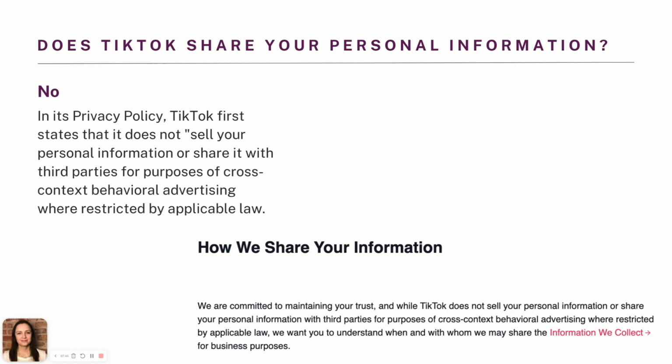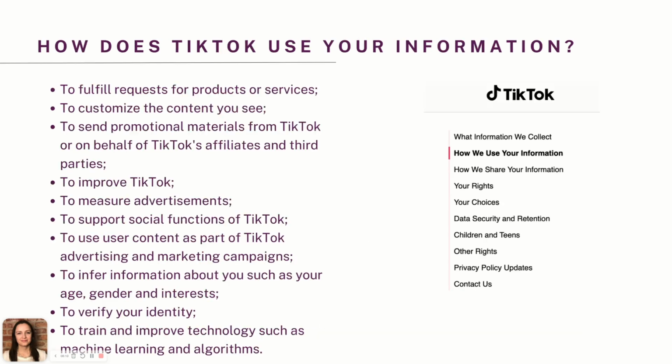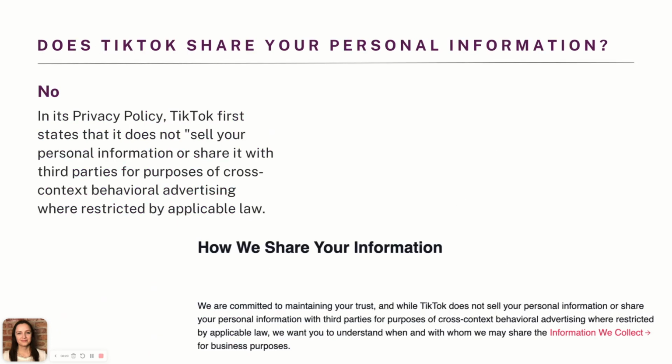At the top of this section of the privacy policy, it says that they do not sell your personal information and they don't share it with third parties for purposes of cross-context behavioral advertising, which is really interesting because for any regular person who's not a lawyer reading this, it would say, okay, great, my information is not being shared and my information is not being sold. But when you look at it a little bit closer, it says that that information is not shared with third parties for purposes of cross-context behavioral advertising.